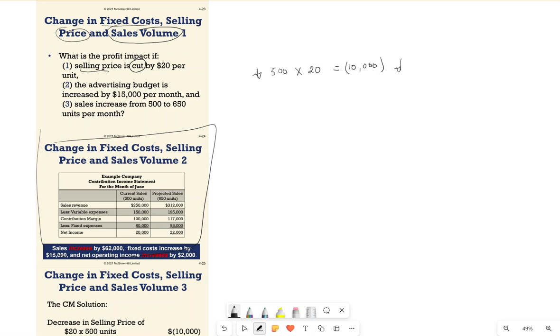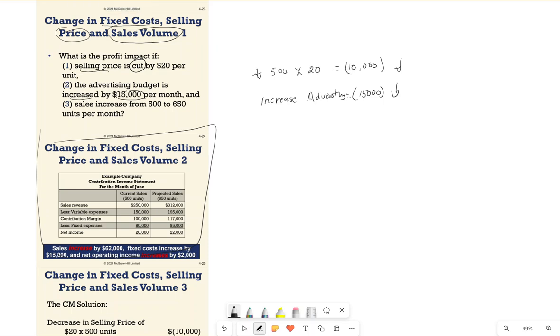The advertising budget increased by 15,000 per month. What is an increase in advertising? It is your fixed cost. So it will reduce my operating income, so my operating income will go down.